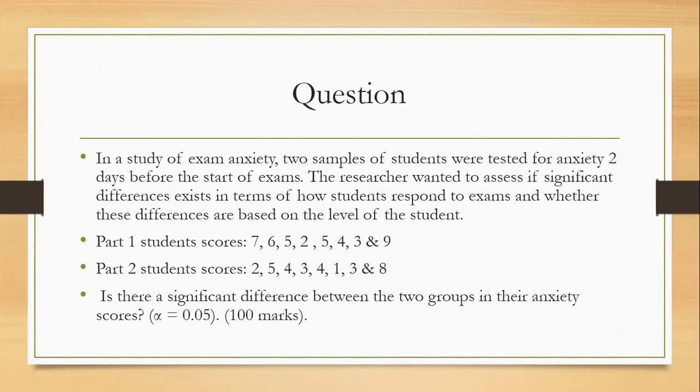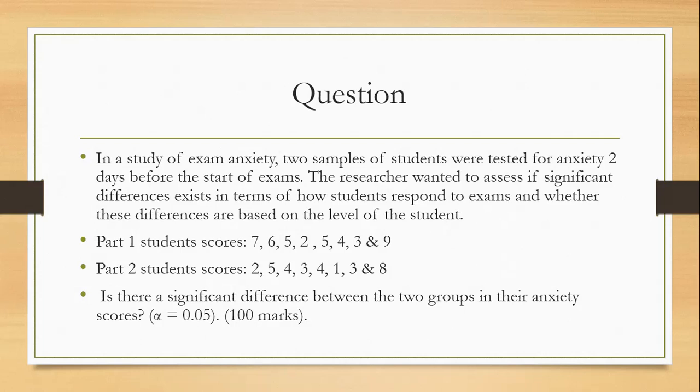The researcher wanted to assess if significant differences exist in terms of how the students respond to exams and whether these differences are based on the level of the student. So the researcher compared part 1 students' scores and part 2 students' scores in terms of anxiety. And they wanted to ascertain if there is a significant difference between these two groups in their anxiety scores using an alpha of 0.05.